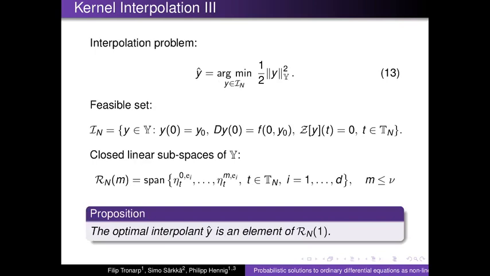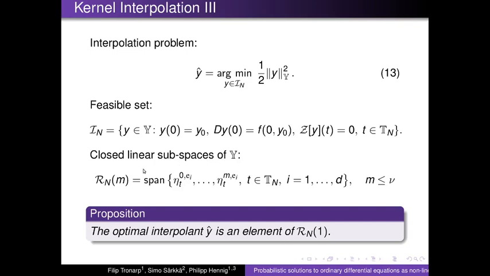And so now we can consider this sort of interpolation problem in our RKHS instead. So we want to minimize the norm of our solution subject to it being in a feasible set, and here the feasible set of course satisfies the initial conditions and the information operator evaluates to zero on the mesh. And we can sort of reduce the search space a bit.